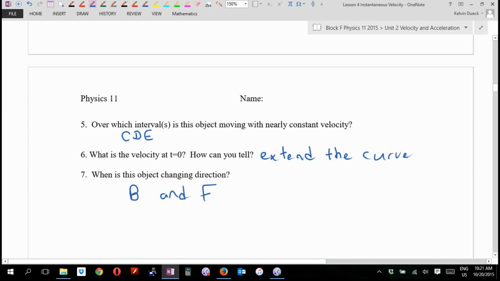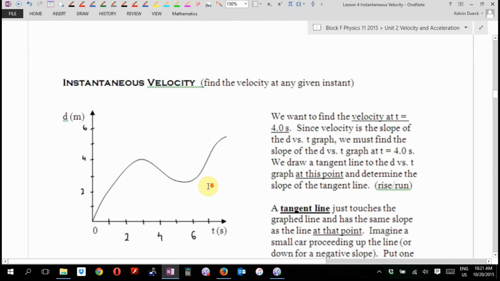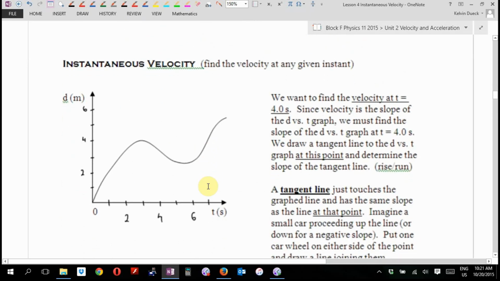Is that okay? So, instantaneous velocity, finding the velocity of a curve at any point on that curve. We would like to find the velocity at time equals 4.0 seconds. Courtney, the first thing that I would do is put a dot right at t equals 4 right there.